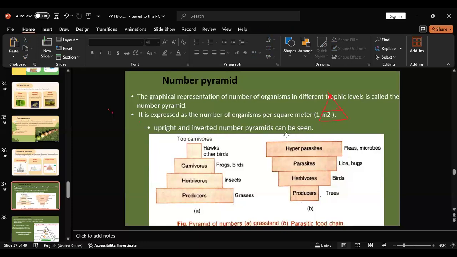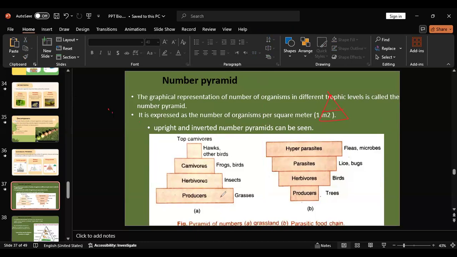For example, you take grass, grasshopper, frog, then eagle. If you take a particular area, there are a lot of grasses, for example thousands.